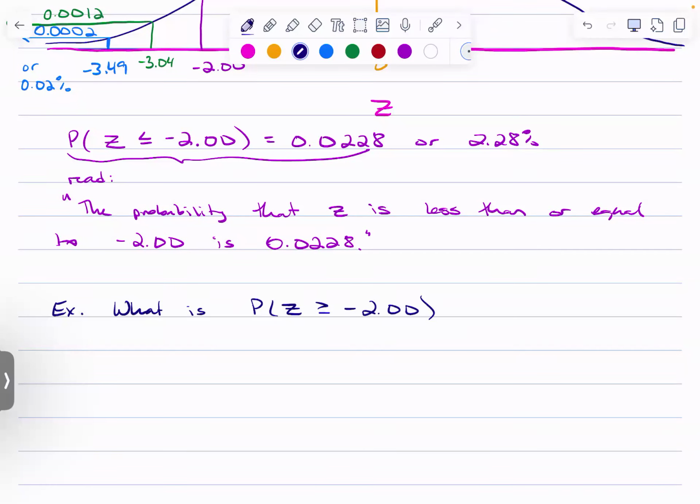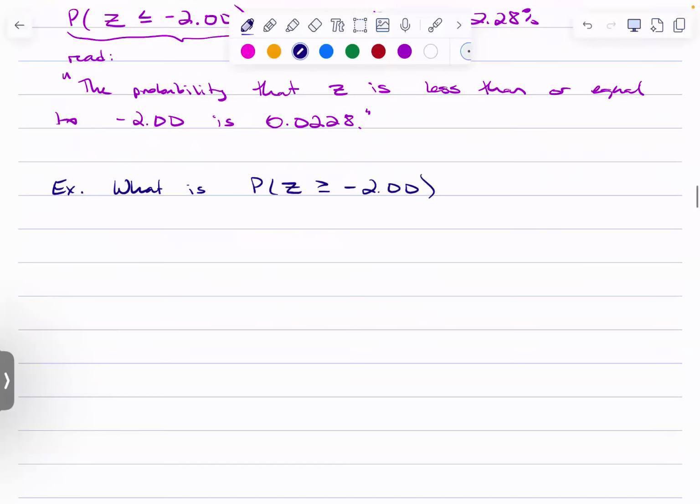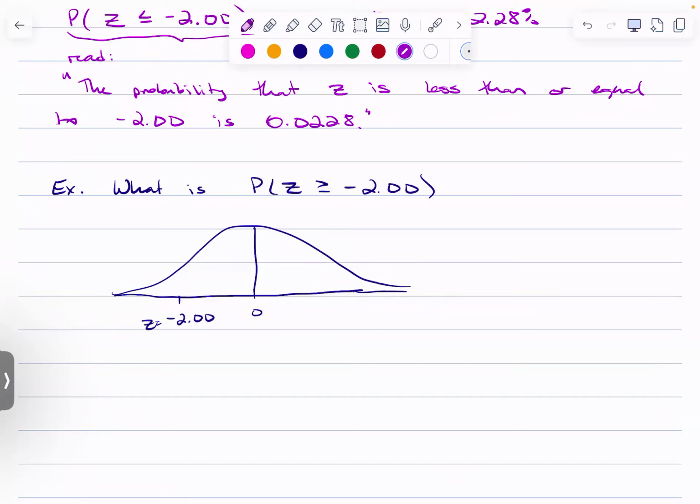So now, if I'm asking what's the probability that z is greater than -2, then you can sketch it out and you can say, I've got my 0 here, I've got my z is negative 2.00. I already found that this area is 0.0228. If you want to shade it, this is the only probability that we have on here, so you can shade it.